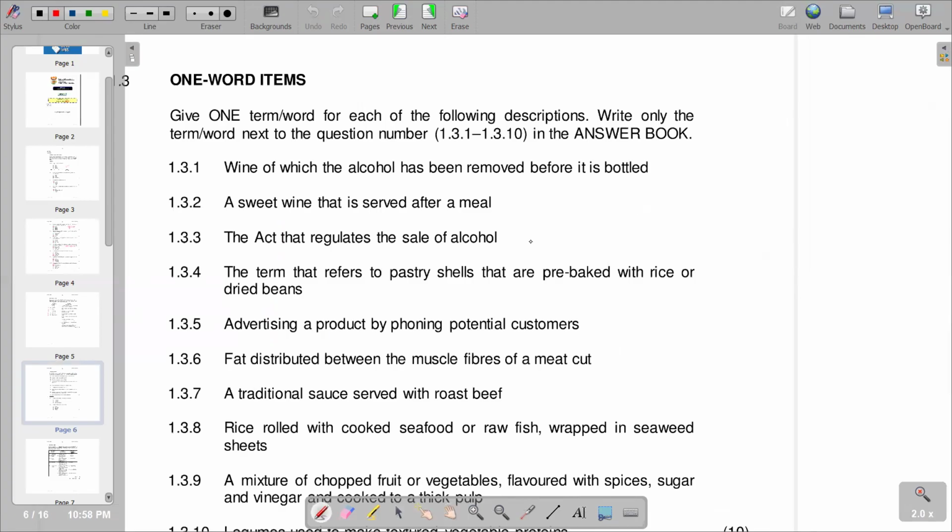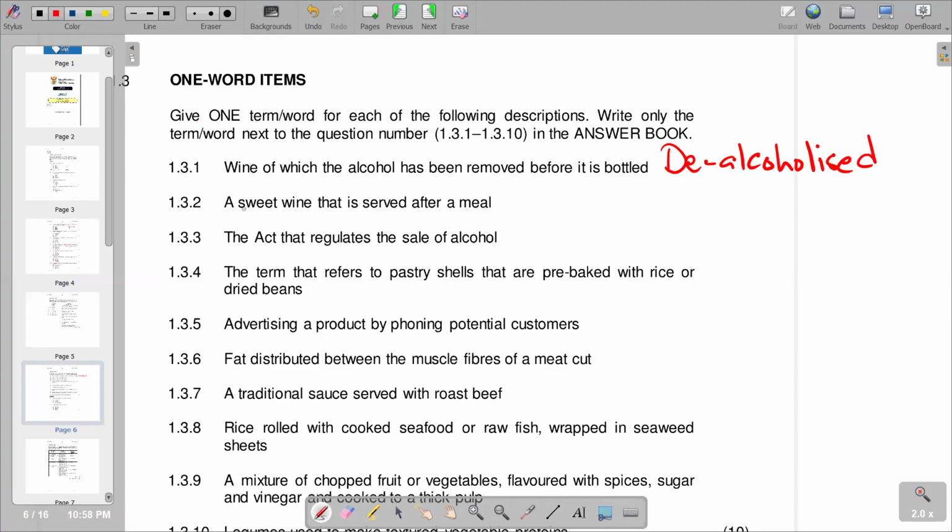So obviously, there is removal of alcohol that is taking place, which is de-alcoholization. So this becomes the correct term that is matching with the description given. De-alcoholized as the correct response.